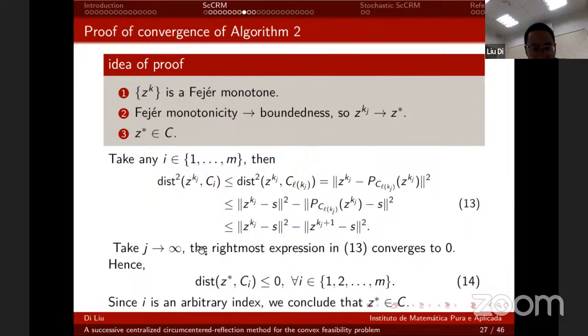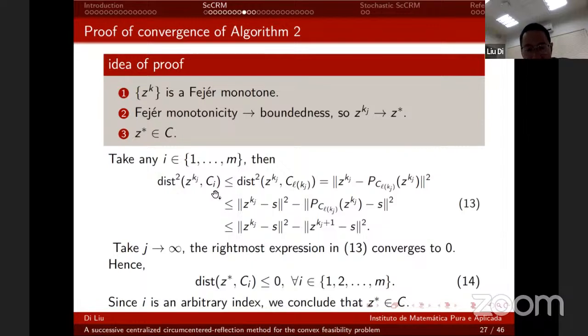And the left is to prove the clustered point belongs to the intersection. So first we use the definition of the most evaluated constraints. So we get the first inequality, and then we use the definition of the distance, and then we use a property I mentioned before, the feature monotonicity of the whole sequence.